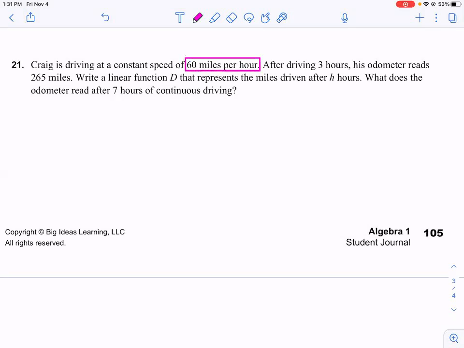Hold on, that is a constant rate of change. What do we call that in linear functions? What characteristic of a line is the constant rate of change?